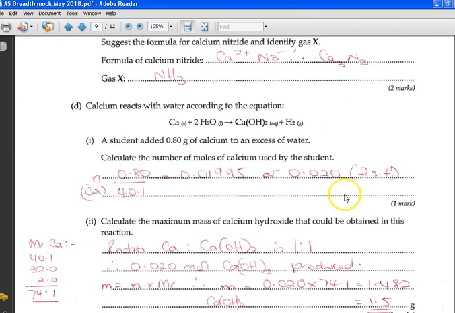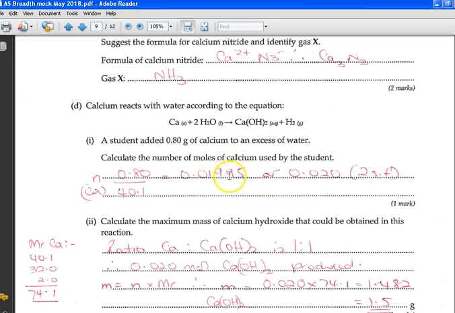Process of elimination. Okay, given an equation here, you're told that you have 0.8 grams of calcium and you have excess water, and you're just asked to calculate the number of moles of calcium, which is very straightforward, mass over molar mass. And maybe I was quite generous with the marking.